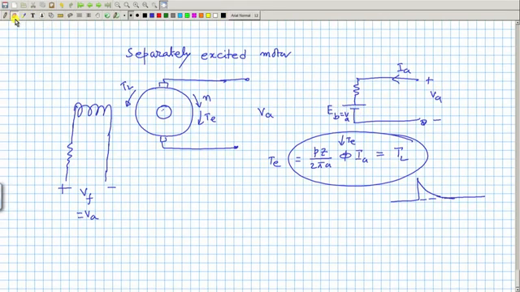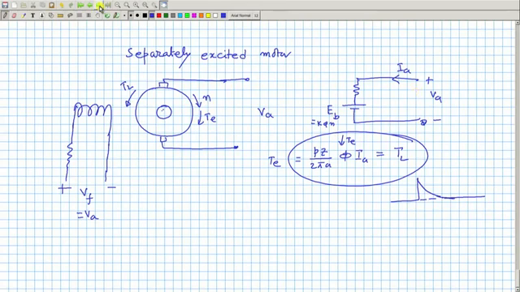Anyway, that is an idealistic situation. So, Eb is k phi n, mind you, and it will settle down to this speed. Okay, so this is the thing.